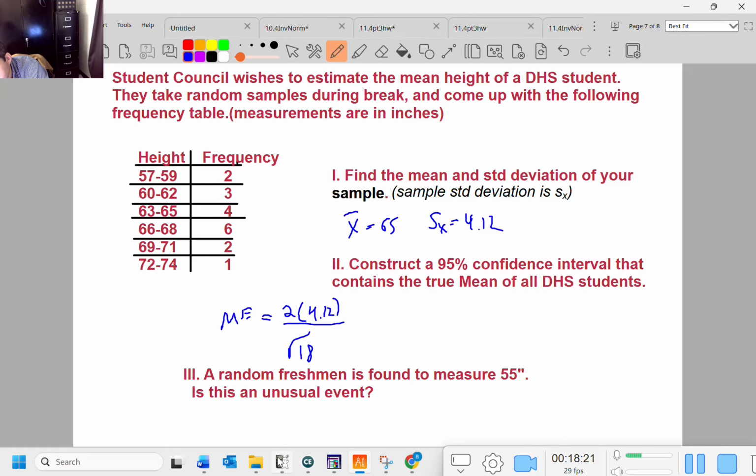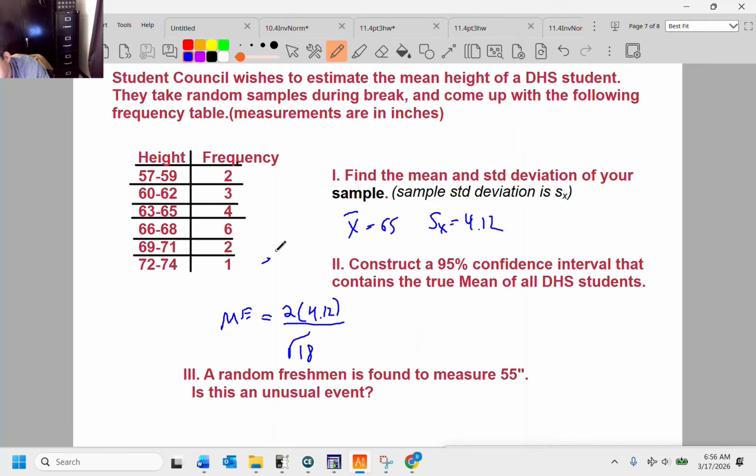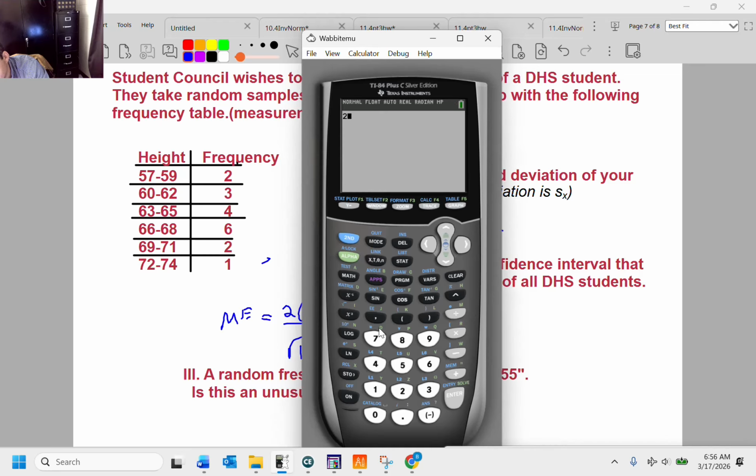N is 18. And there you go, we push some buttons. Twice 4.12 over the root of 18. It's about 1.94.